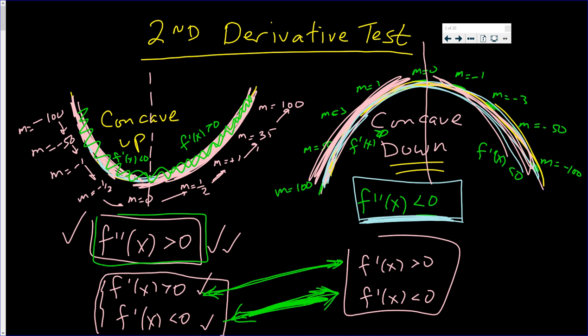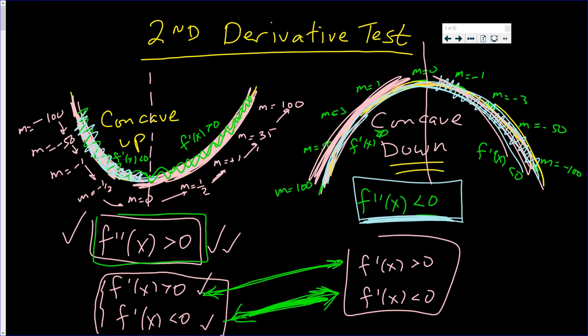If the first derivative is negative, it can come from concave up, or it can come from concave down. Knowing about the first derivative doesn't tell you anything about the concavity.